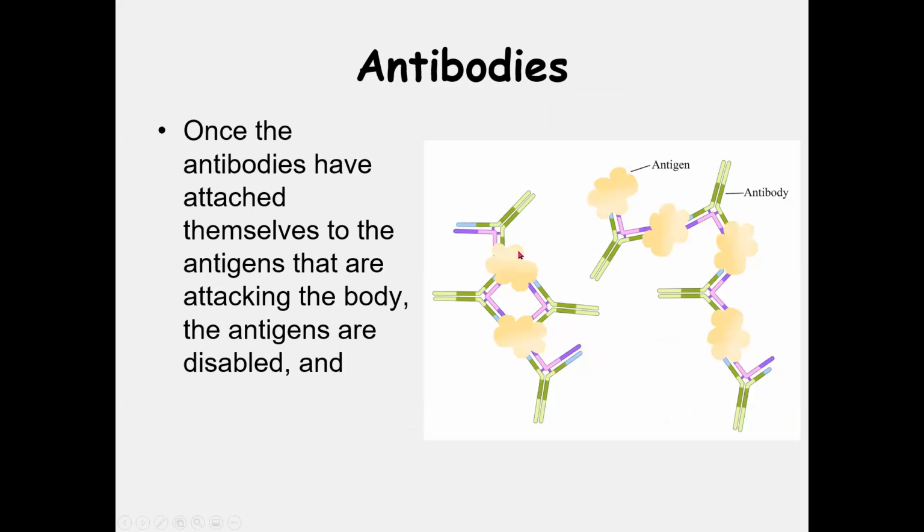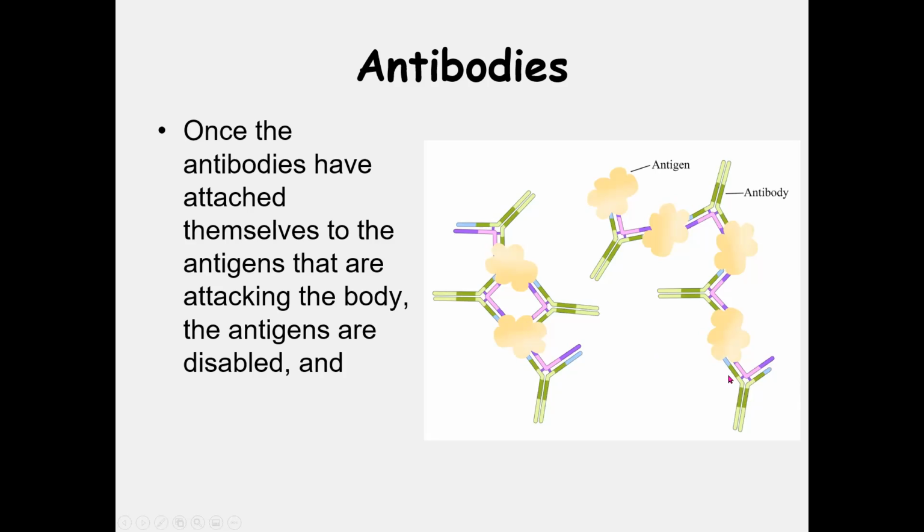So here we have these cloud-like things. It took me a while to find something that isn't too complex. So antibodies will attach to whatever's on its surface, and so the antigen then can't do anything. And so they become disabled.